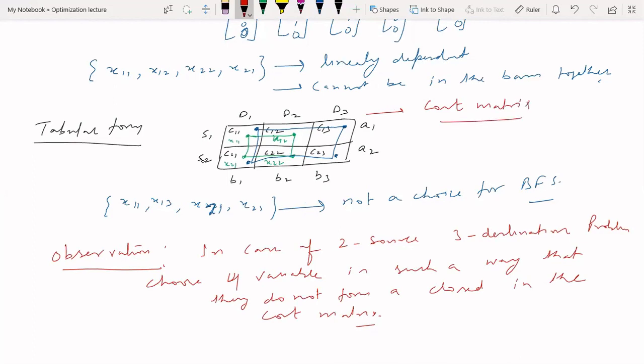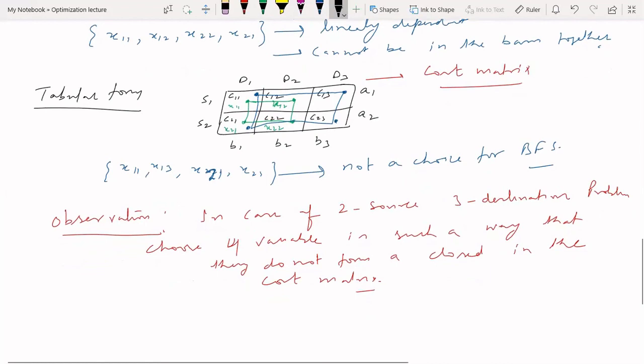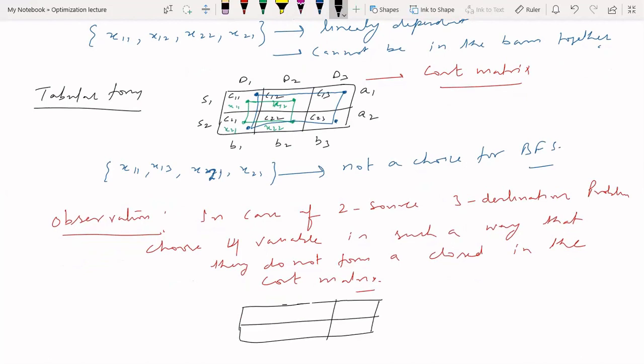As an example, in this case for 2 sources and 3 destinations, I can have 1, 2, 3, and 4. These variables, if I draw, there is no closed loop type structure. It starts from here and ends at the 4th one.